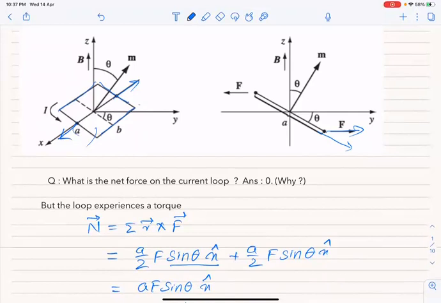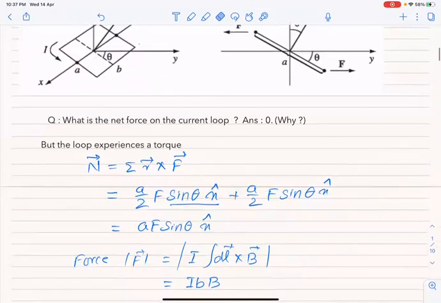Now you can just do the algebra and you will see that the torque comes out to be A F sine theta x cap.